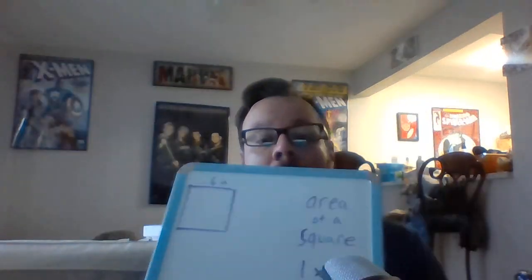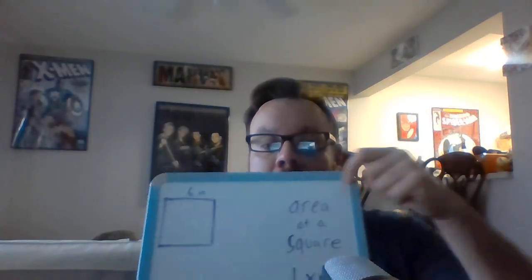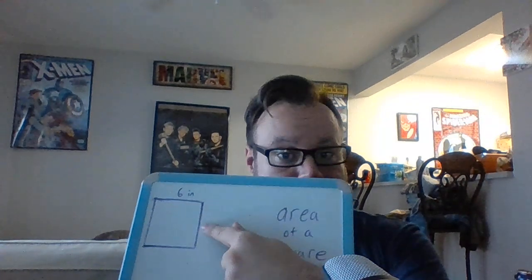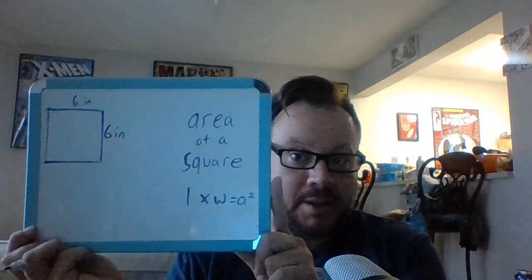Now square, all sides are the same, right? So what do you think this is going to be? 6 inches. So 6 inches times 6 inches, right? 6 times 6. And again, you can use your calculators. So we go 6 times 6, 6 inches times 6 inches. And this is because we're multiplying inch by inch. That's how we get that little squared thing at the end.